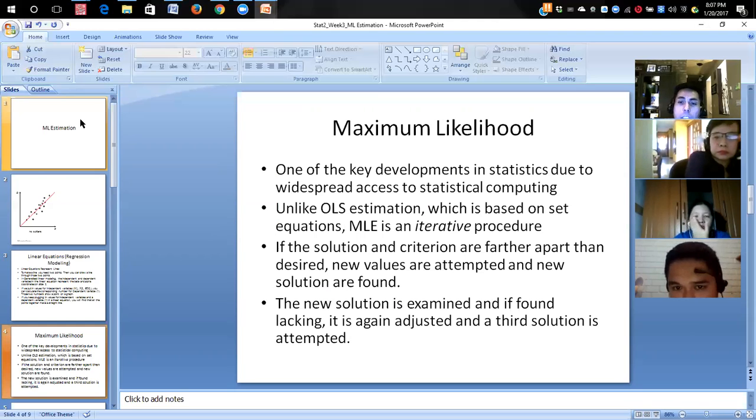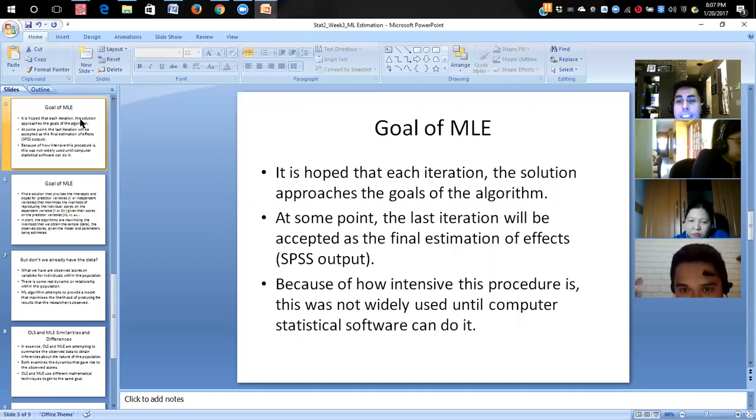It will keep on looking for the best estimation, or the best model, for a particular set of data. So it can go to second, third, fourth, until it reaches the goal of maximum likelihood estimation.